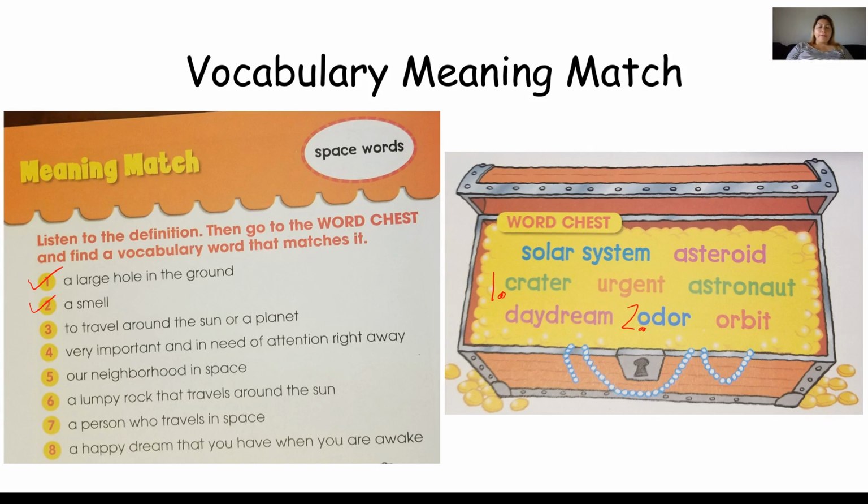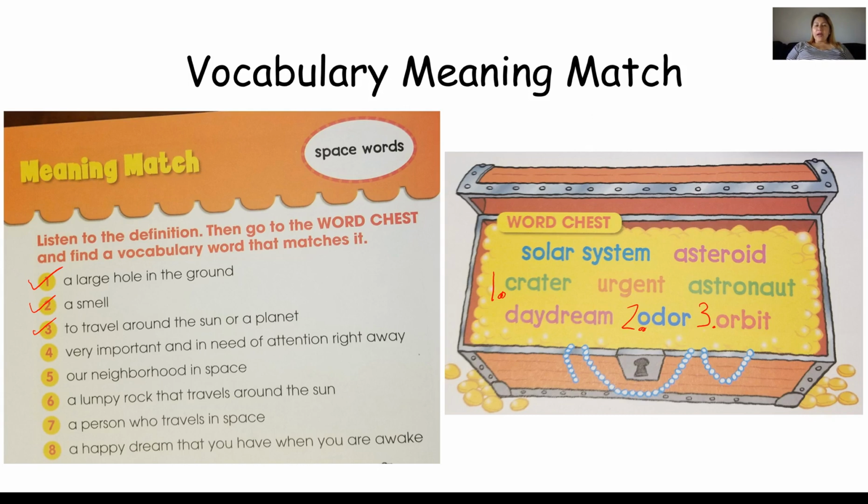Okay, number 3. To travel around the sun or a planet. That's right, that is orbit. So for number 3, I want you to write the word orbit.